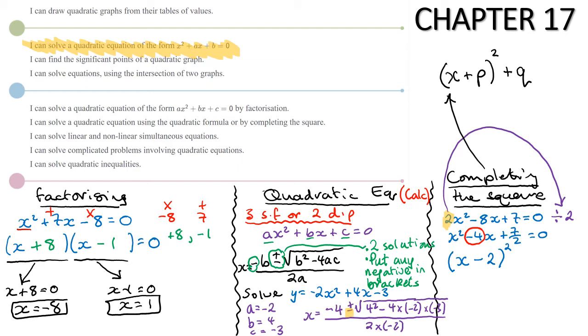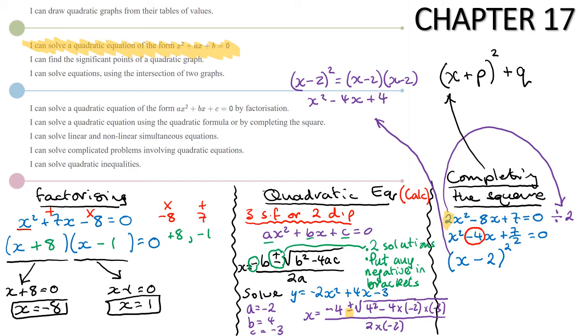Now if I were to expand that, let's write this up here, if I were to expand x minus 2 squared, that would give me x minus 2 times x minus 2, and that gives me x squared minus 4x, because I get minus 2x plus 4.